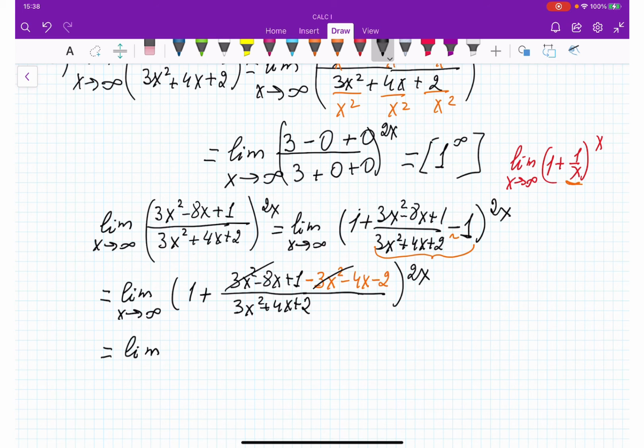limit as x approaches infinity, 1 plus negative 12x minus 1 over 3x squared plus 4x plus 2, and I'm going to raise it to the flipped version of this fraction.